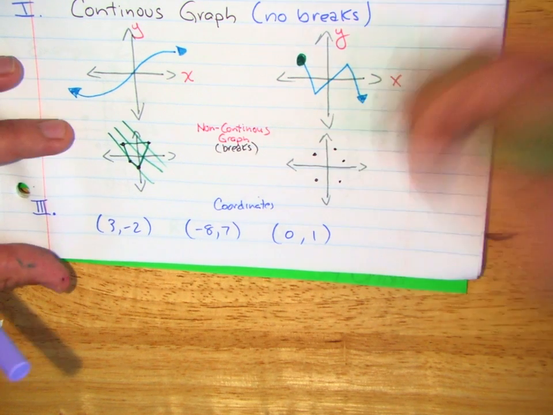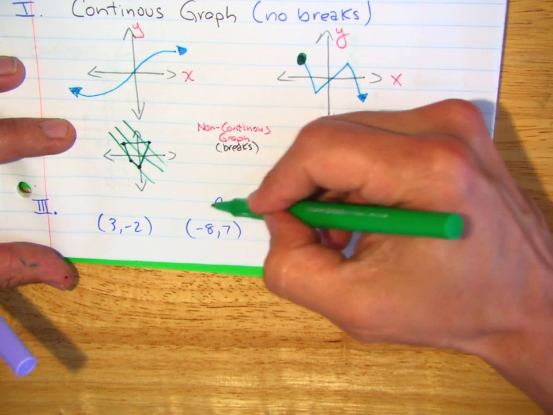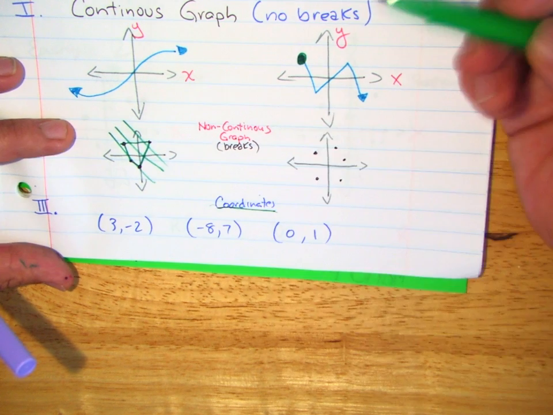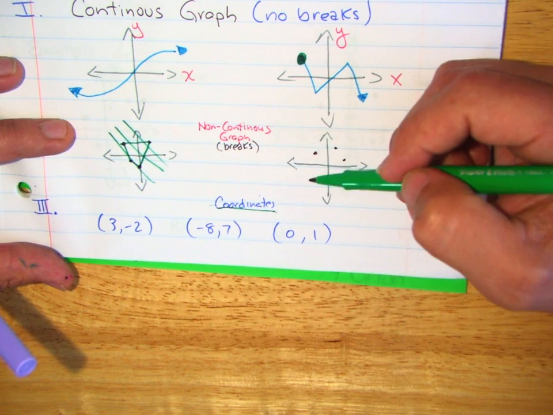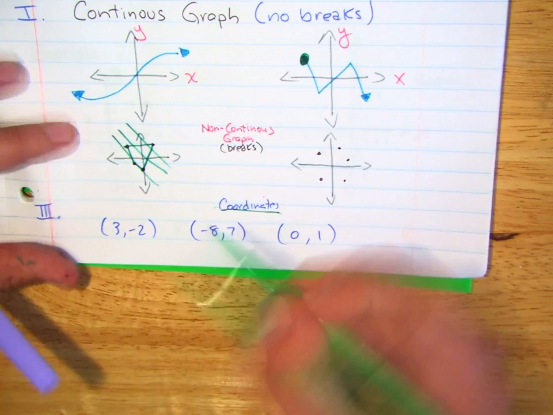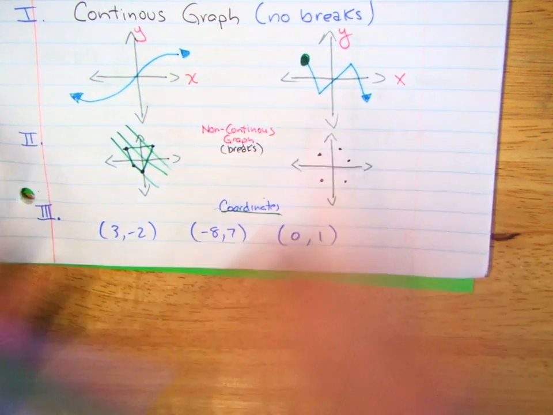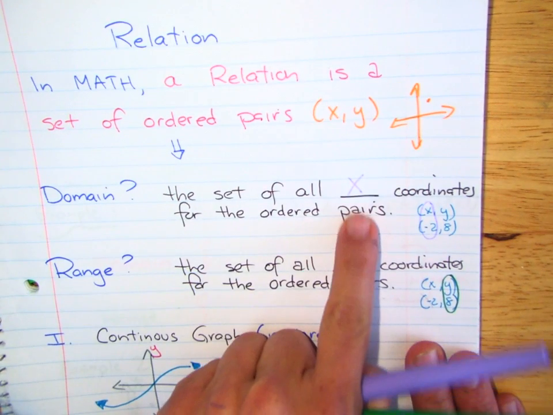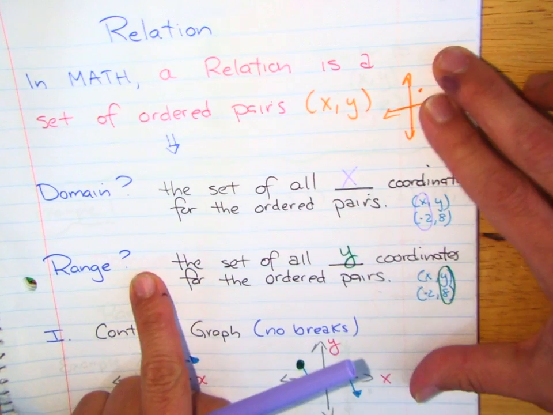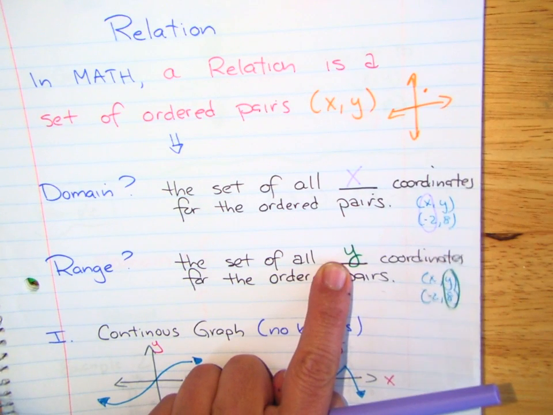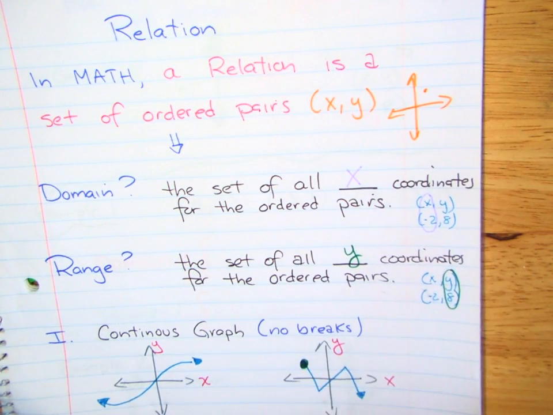And then the third type you're going to get are coordinates. Find the domain, find the range. And we already know that the domain is your x, and your range is your y.